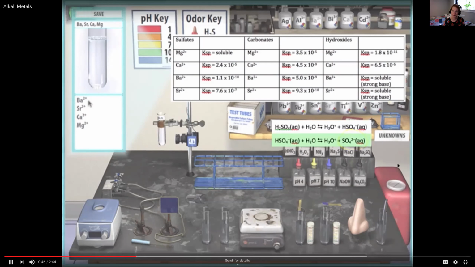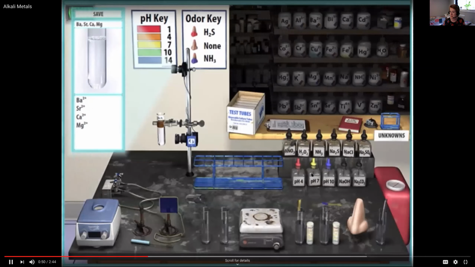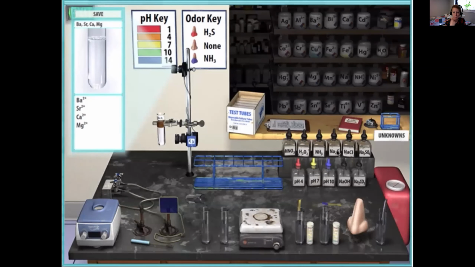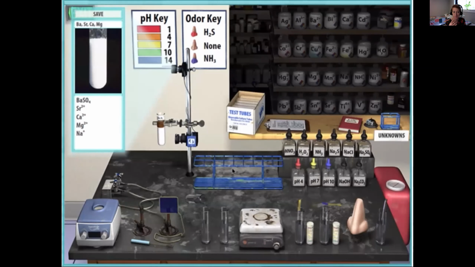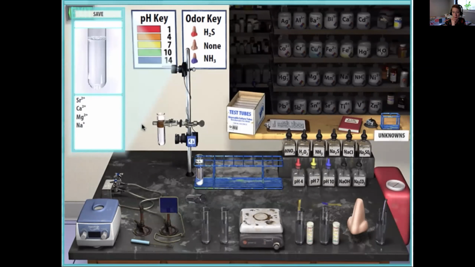So then he's pointing out here that you can change sulfate concentration through different acidities in solution. If you make it super acidic, then once you add the sulfate, that's going to give you the lowest amount of sulfate ion concentration, and therefore your barium sulfate will precipitate out.